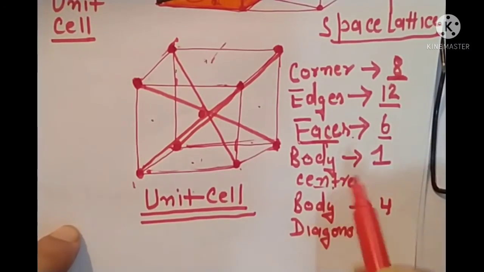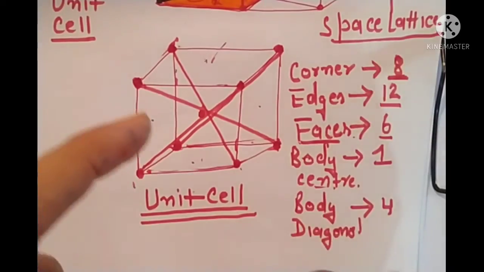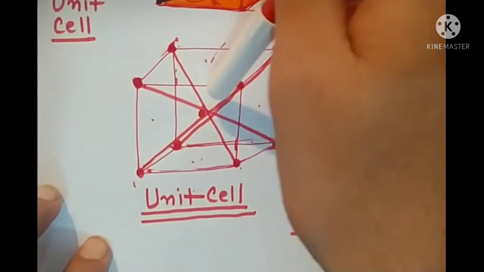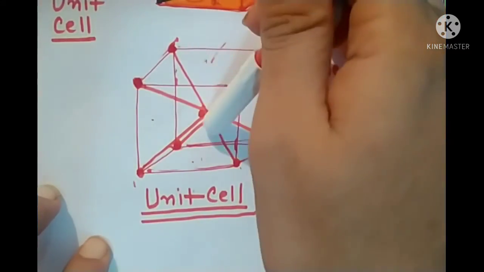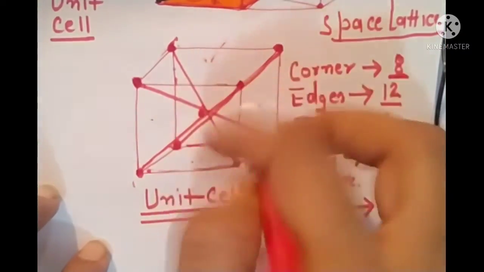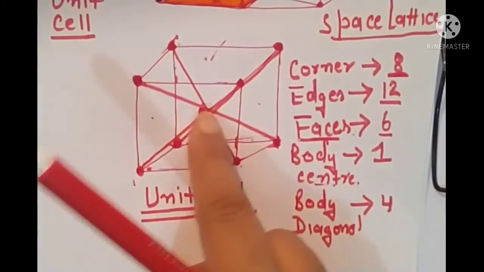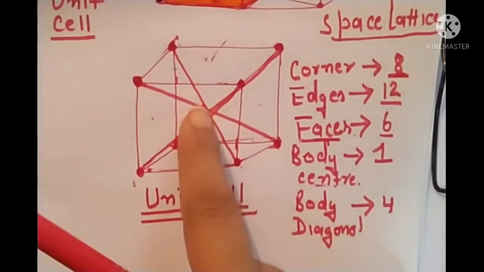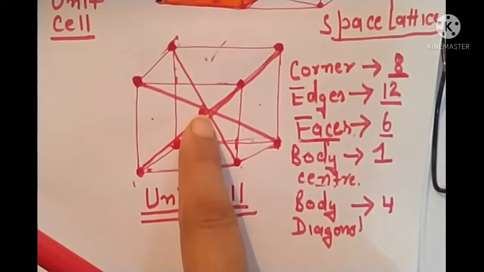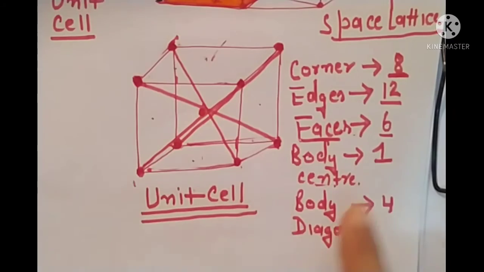And the body center, where the whole mass of the body is concentrated, is inside the cube or unit cell. Here is the point in the center of the unit cell where the whole mass is concentrated. So the body center is 1. Next is the body diagonal.